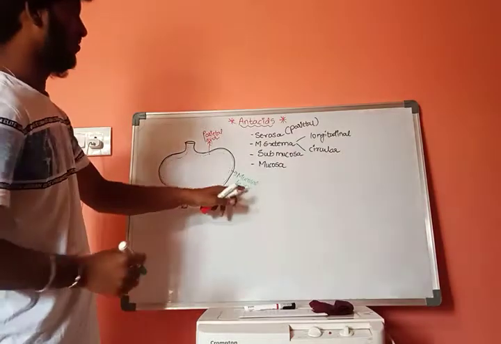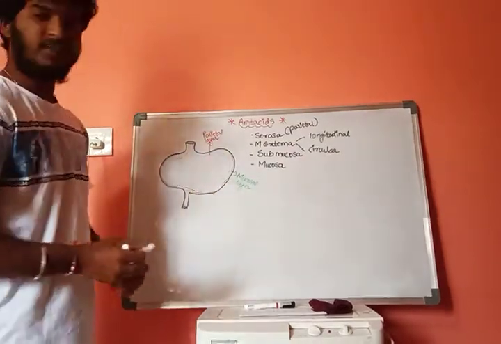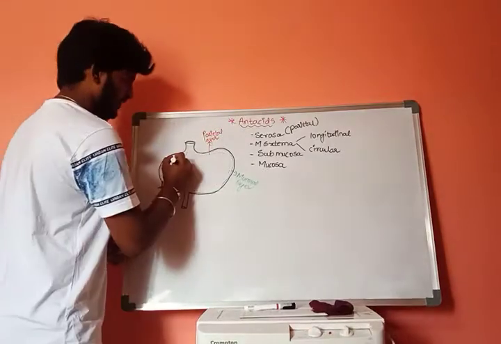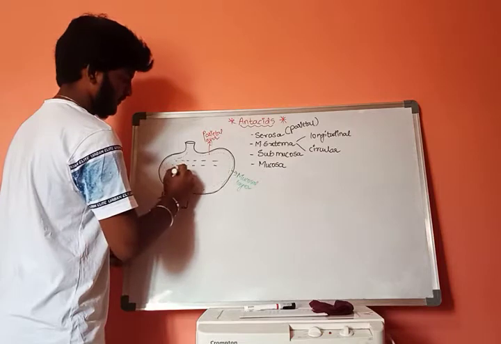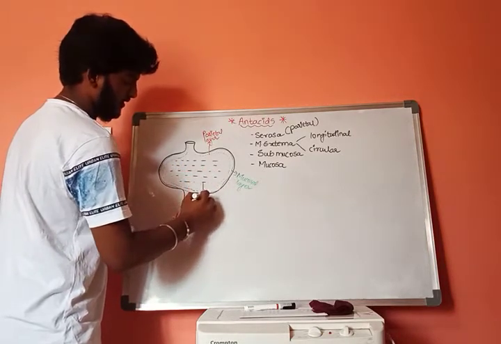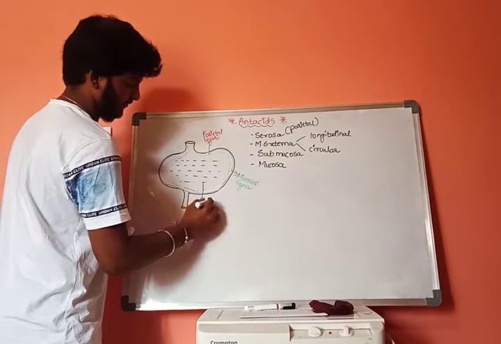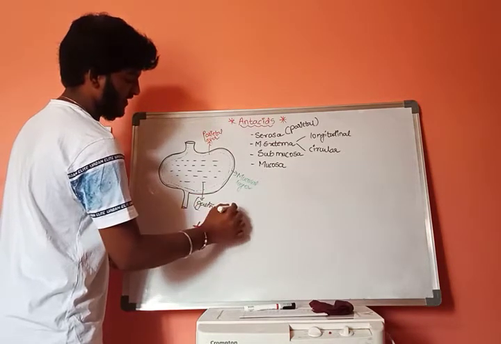This is the mucosal layer and this is the parietal layer, and our stomach is filled with gastric acid. This is gastric acid, that is HCl, gastric HCl.